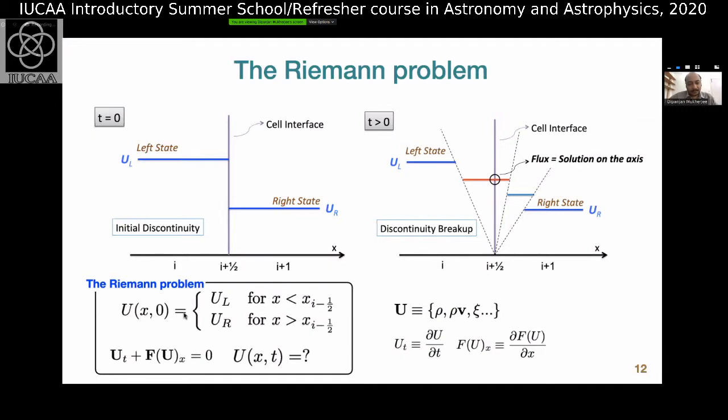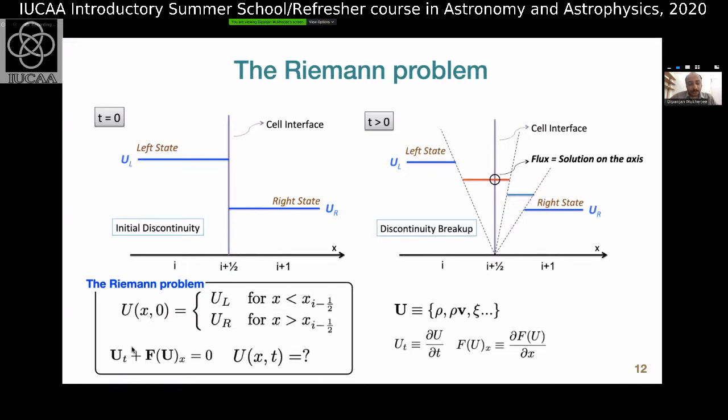Given this problem, where the variable u has this initial condition, something on the left-hand side, something on the right-hand side, how do you solve the evolution of this flux conservation equation? There are mathematical tools to do that. Again, I'm reminding you that all the fluid variables here are the conservative fluid variables, which are the density, momentum, and the energy, as opposed to the primitive, which is density, velocity, and pressure.